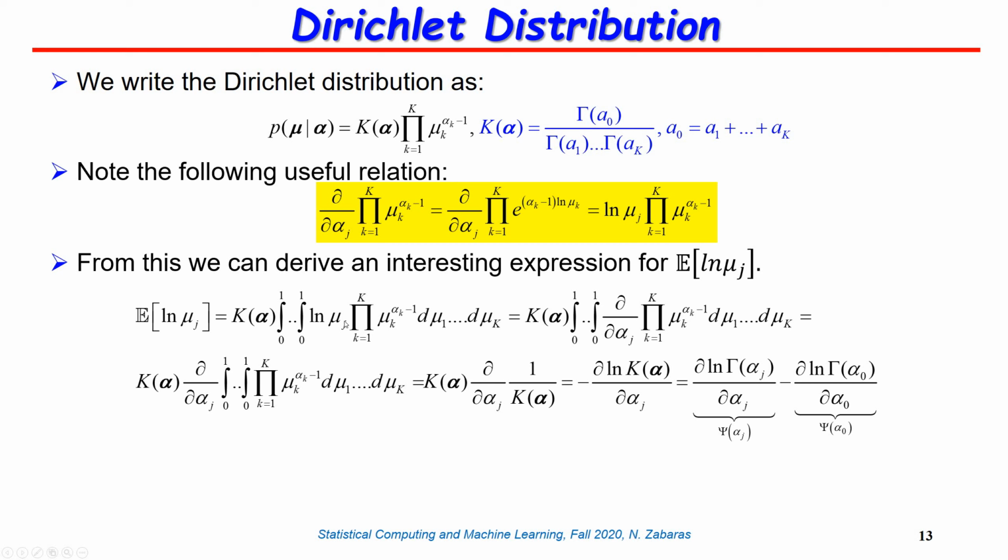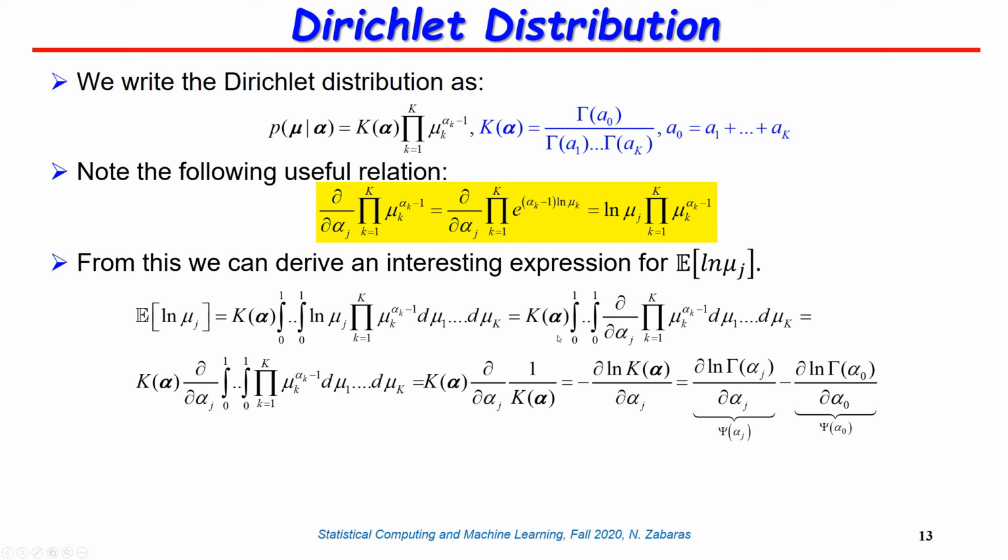There is mu j here, and then I have all the other mu k's from 1 to capital K. So I will need to be careful in how I compute the expectation of log of mu j.